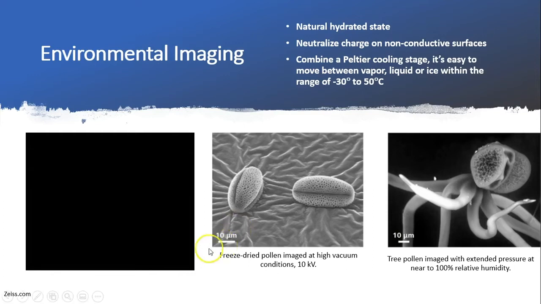For example, with pollen, for the traditional SEM you go through a critical point dryer to try to maintain the structure of the natural state. But sometimes during this procedure, or coating with a conductive layer, you may change the surface structure. Under environmental imaging mode, instead of coating or drying the sample, you can observe it using different pressure.